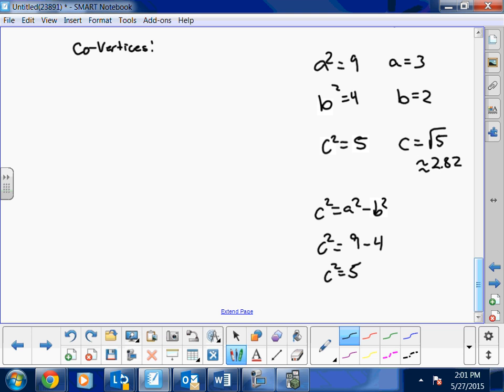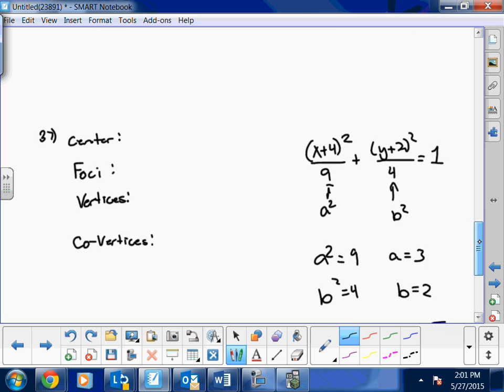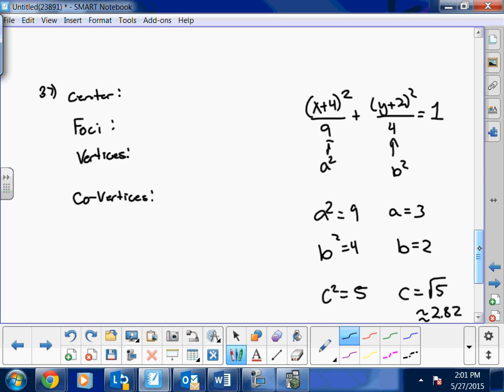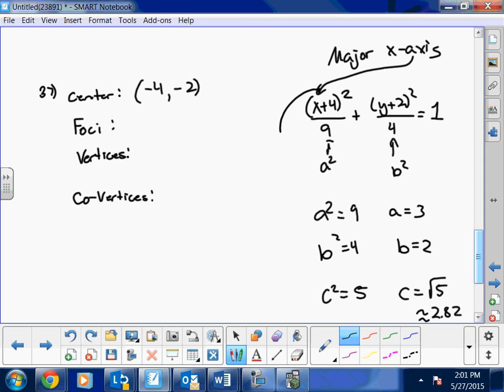Now, why is this all important? Let's look. This one has a center. The center is going to be at -4 and -2. Now my foci, now this one is off. The major axis is the x-axis. Why? Because the bigger denominator is right here, which signifies the a.